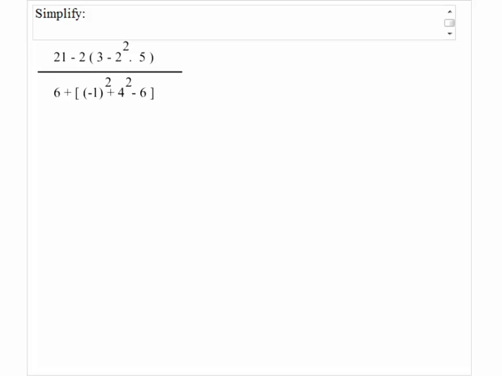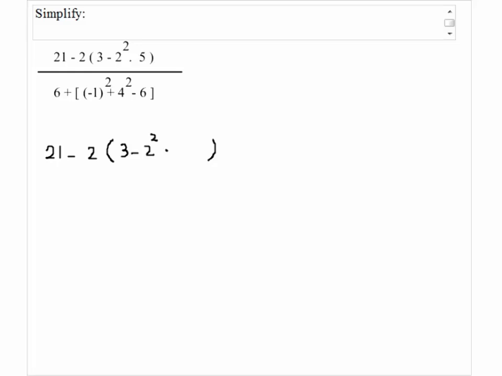Simplify. We follow the order of operation. We have 21 minus 2 times, we have some operation inside the parenthesis which has the highest priority.